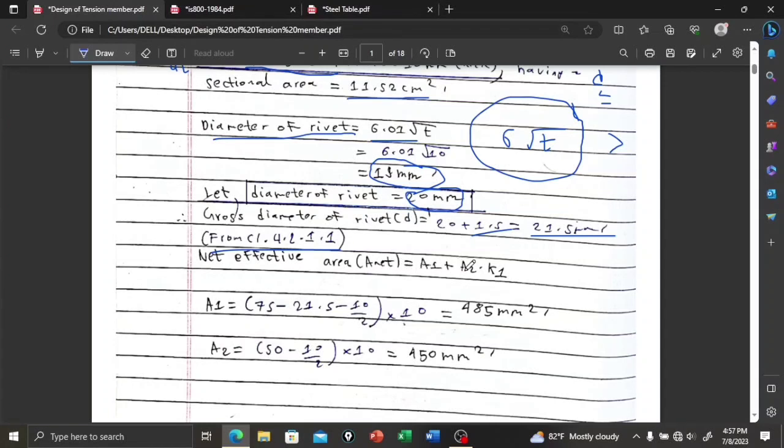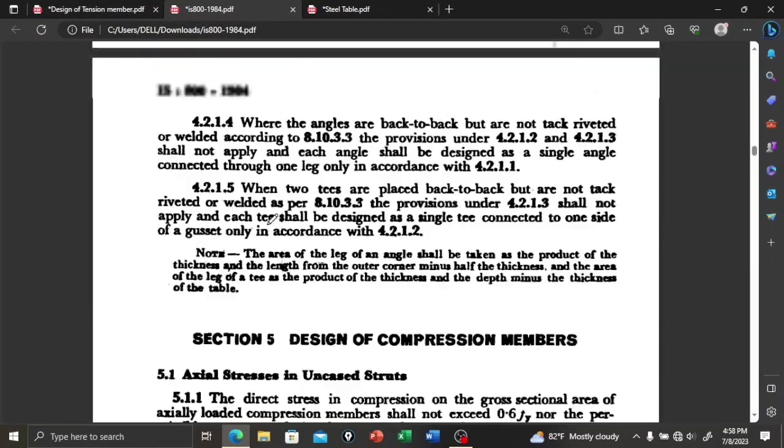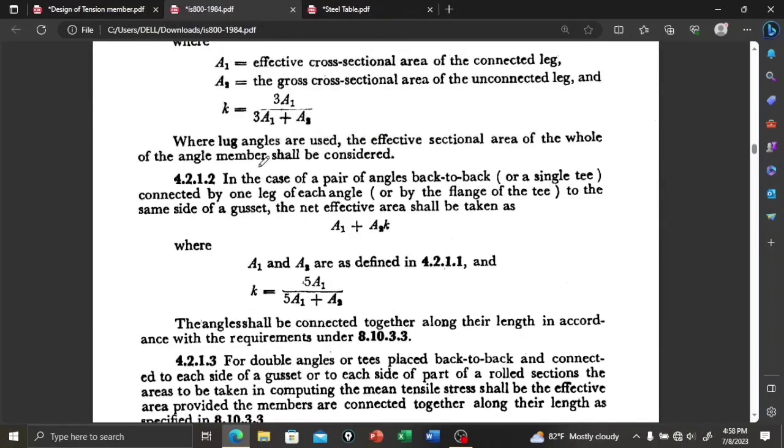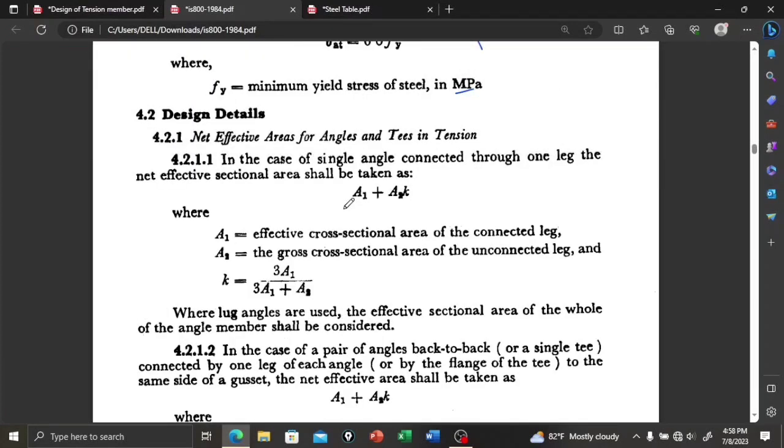The net effective area is denoted by A net, which is A1 plus A2 times K. It is given in clause 4.2.1.1. In the case of single angle connected through one leg on the net effective section, this is a gusset plate and single angle.